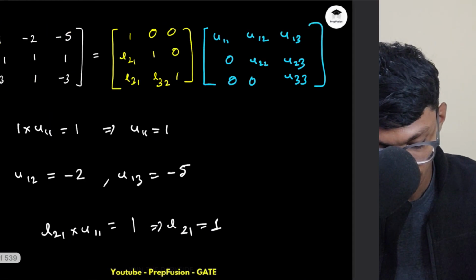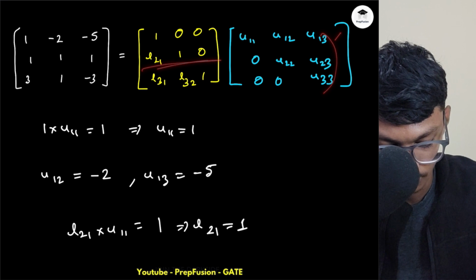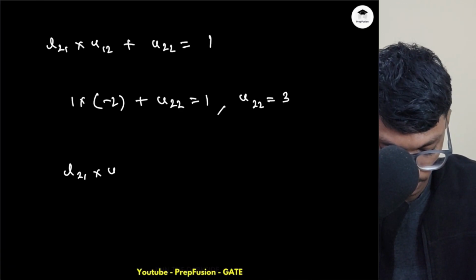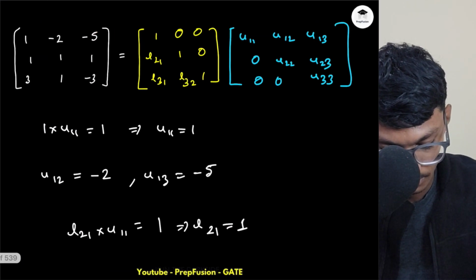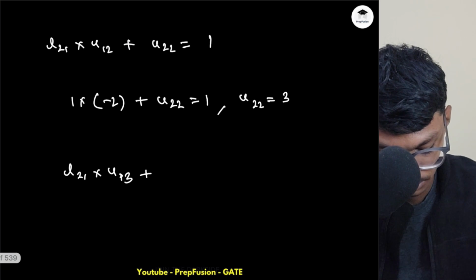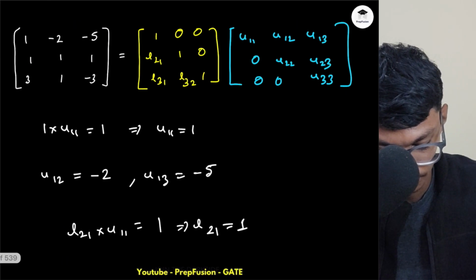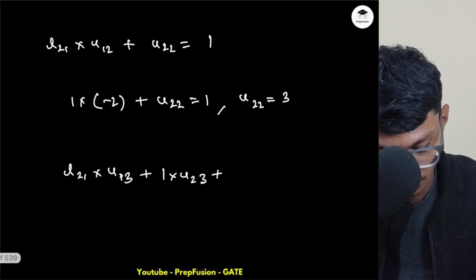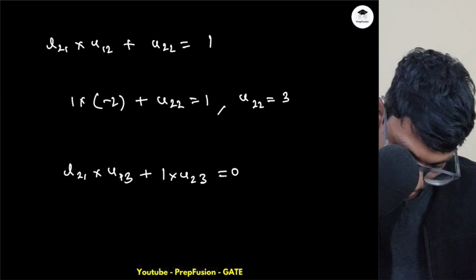Now what about the other one? The second row into the last column: L21 into U13 plus 1 into U23, plus 0, equals 0.